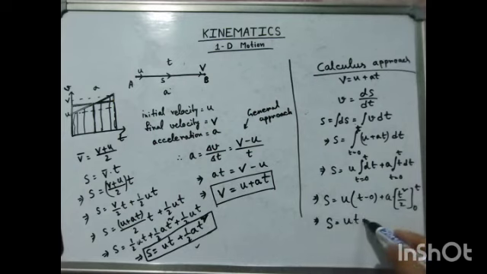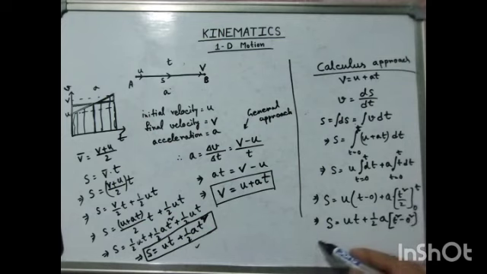U into T plus half a, and first we put T in front of this, so it will be T square minus 0 square, so s equals uT plus half a T square.